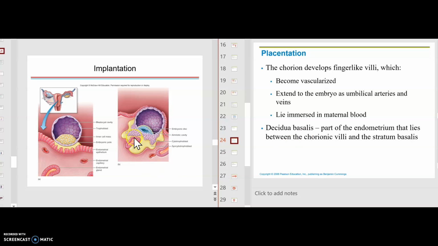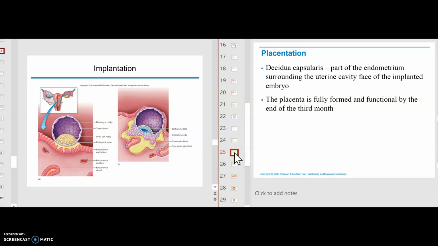You had the decidua basalis, which is this area here, and then the capsularis was here. The decidua basalis is the one that's going to be more involved. That's the mother's part, involved in the formation of the placenta from the mother's end. The decidua capsularis is this outer area here. It's not involved in that.